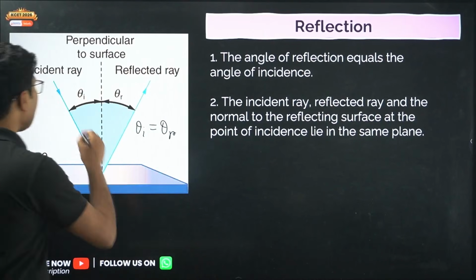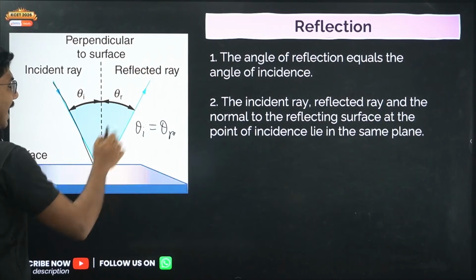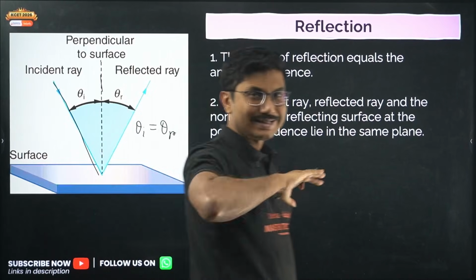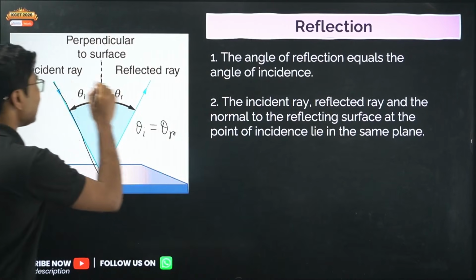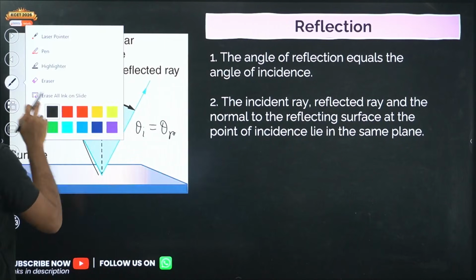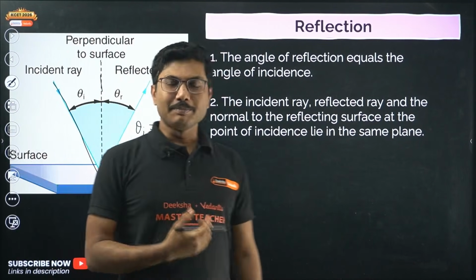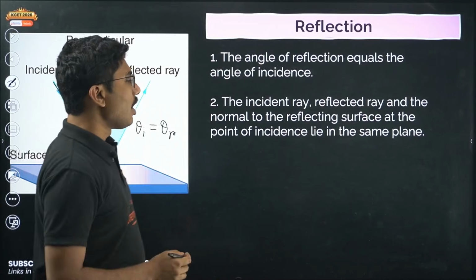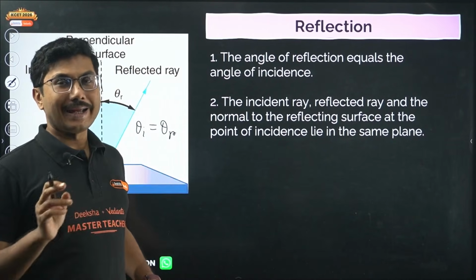So basically this ray and the normal at the point of reflection all lie on the same plane. This entire thing is a single plane. In 2 dimensions it might seem very simple, but in 3 dimensions it's still a plane.